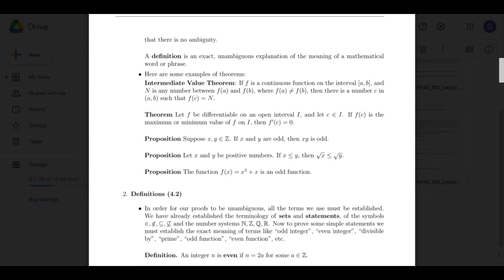And from a theorem, proposition, or lemma, sometimes something is obviously true, and we call it a corollary. Anyone has any questions?